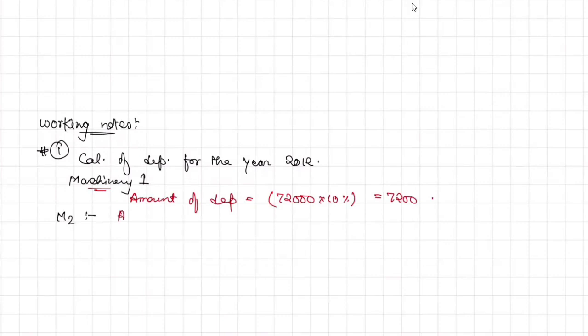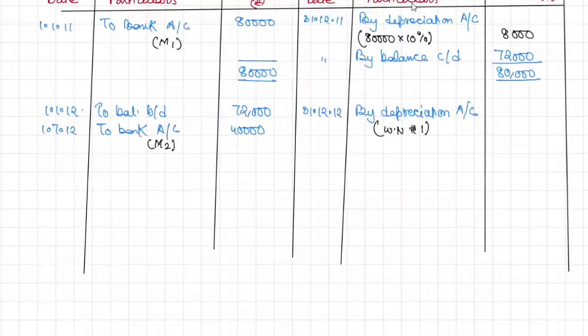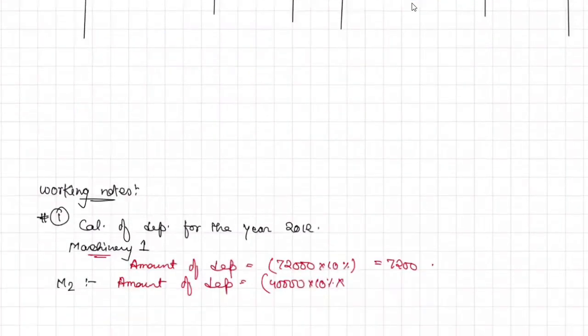Correct. But for M2, what will be amount of depreciation? 40,000 is the cost, 10% is the depreciation, but it is there in our book for how many months? It came in the month of July. So July, August, September, October, November, and December. Correct? So it is there for the 6 months. So half depreciation will be there.